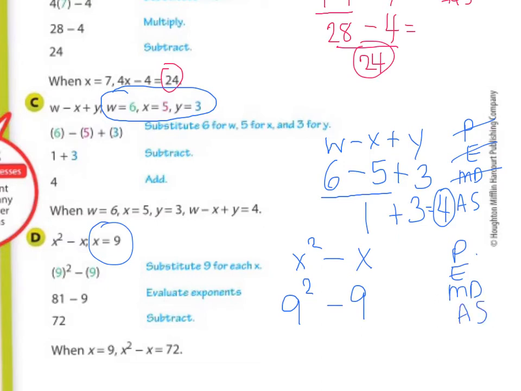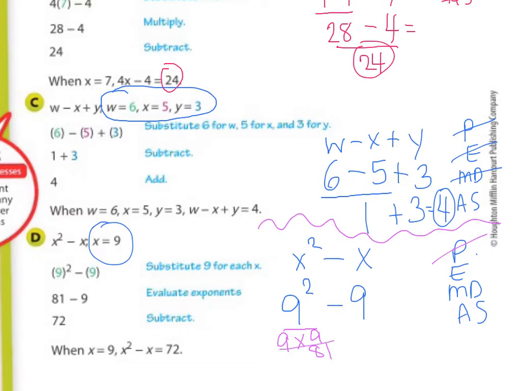Do we have any parentheses? No. Exponents? Yes, we do. So underline the base and exponent together. What is 9 squared equal to? You better not say 18, because 9 times 2 is not what that means. It means 9 times 9, which is what? 81.